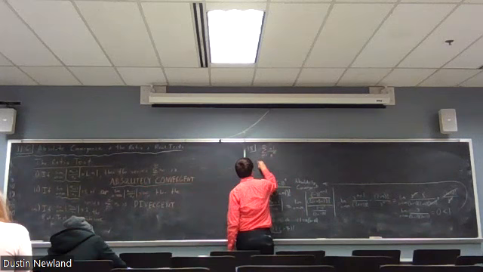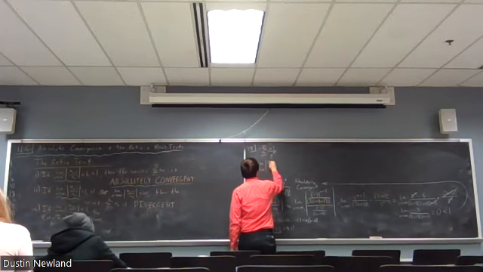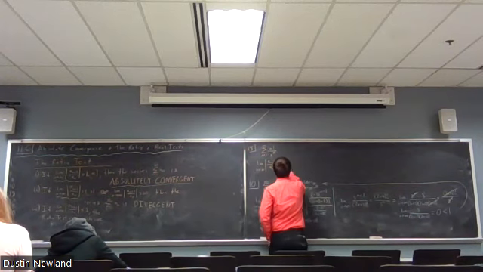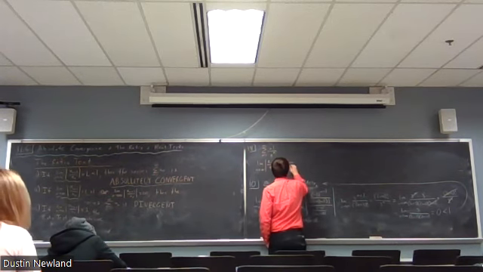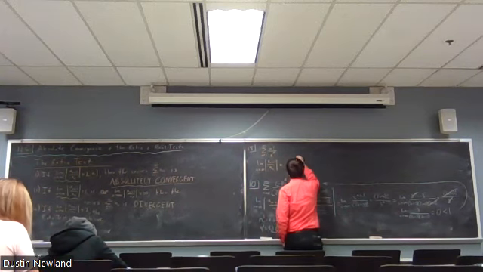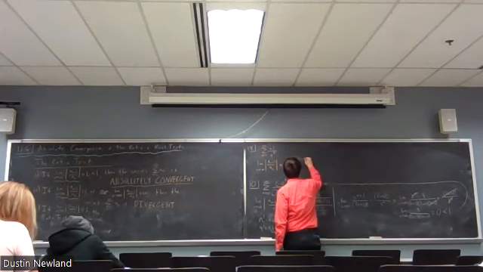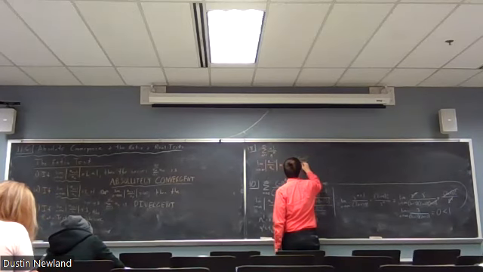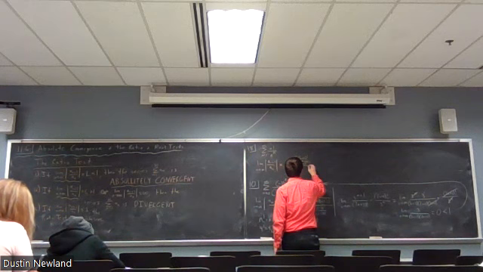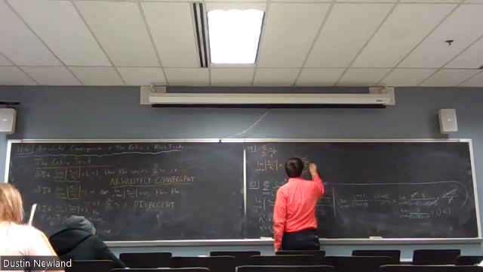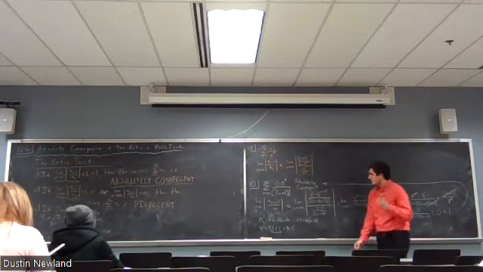So I'm going to take the limit as n approaches infinity of a n plus 1 over a n, which is equal to the limit as n approaches infinity of the absolute value of n plus 1 factorial over n plus 1 to the n plus 1, over n factorial over n to the n. Okay, good.